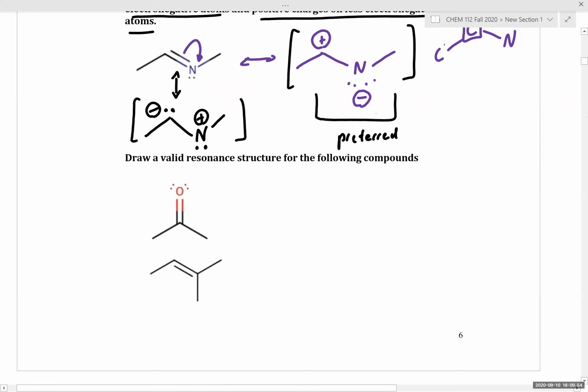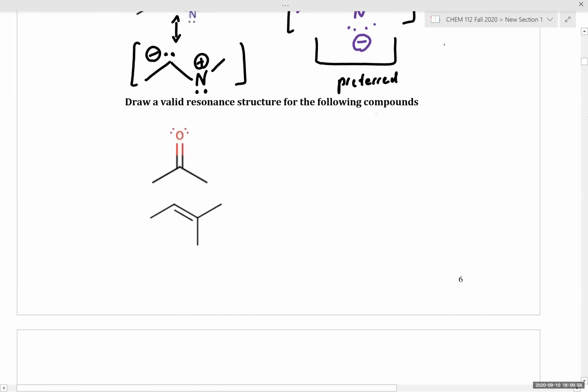So what I'd want you to do now is to try and draw a valid resonance structure for each of the following two compounds. And then we'll discuss these examples in about 3 to 4 minutes.